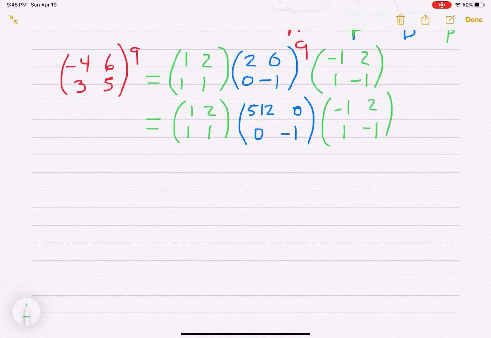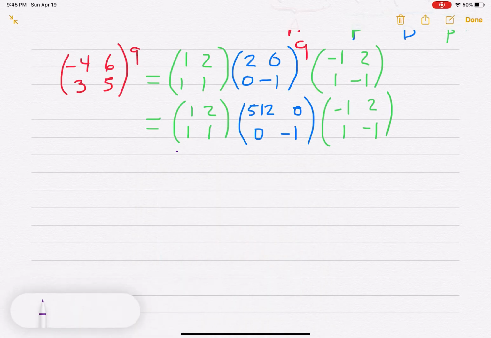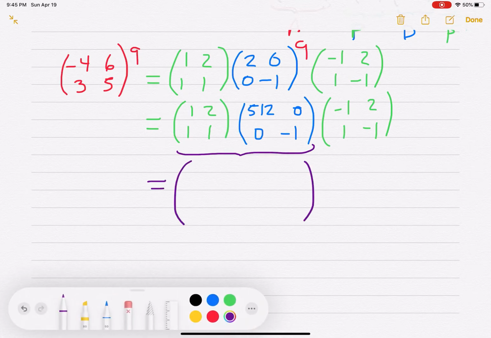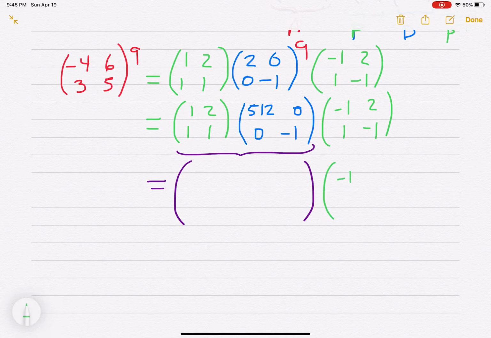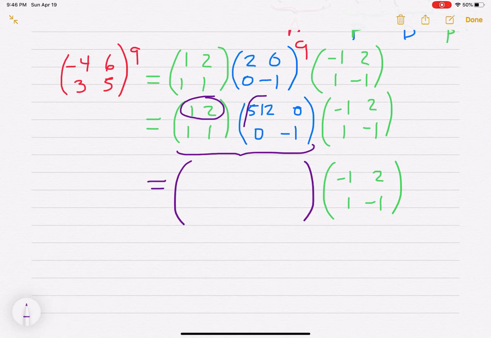So now you can multiply the first two matrices together. Let's do matrix multiplication. We're going to leave the green matrix there on the end. So how do you multiply matrices? You do the dot product of the first row with the first column. You're going to have 1 times 512 is 512, plus 2 times 0 is 0.